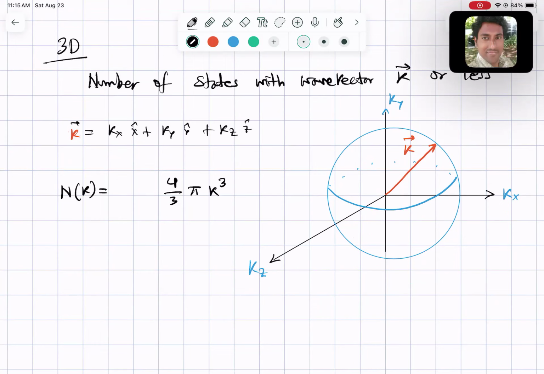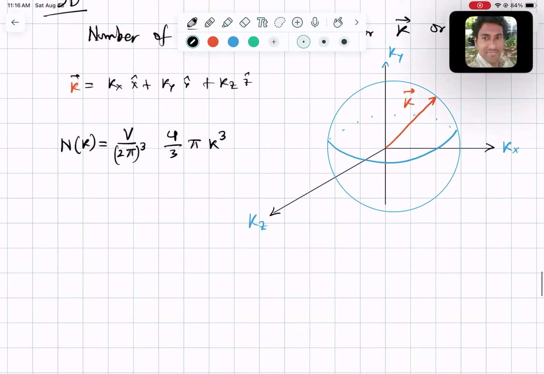Radius cubed. That's the volume. And we have a constant in front, which is V over (twice pi) whole cubed. Let's just say this is a constant for now. We'll see how that constant comes in a bit.